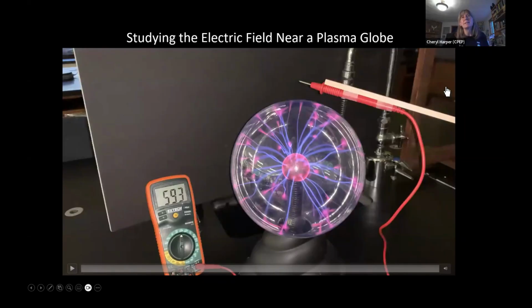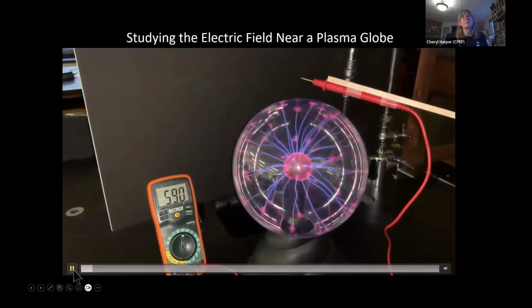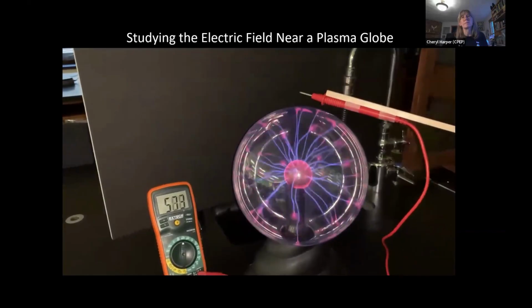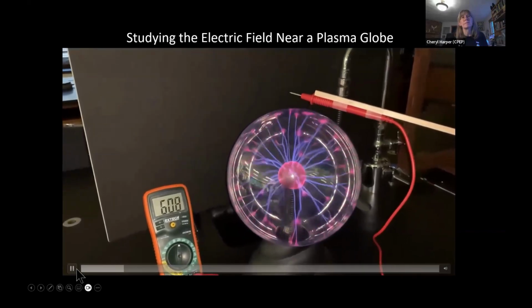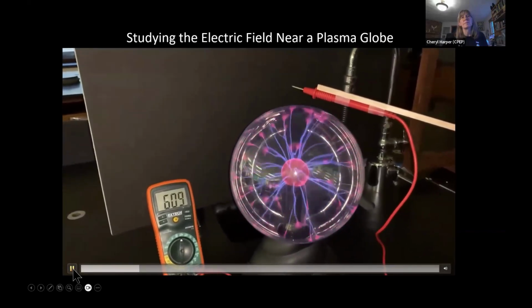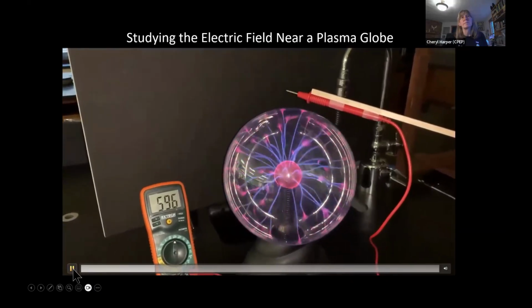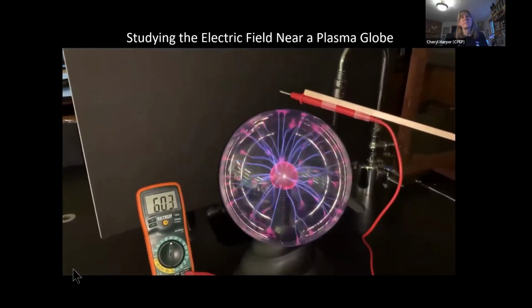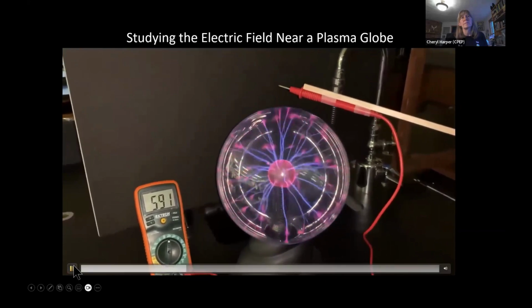At different distances, you're going to see a different voltage reading on the multimeter. If you have a digital multimeter with an AC volt setting or an oscilloscope, you can do a rough quantitative test of electric field strength in relationship to distance and direction from the globe.